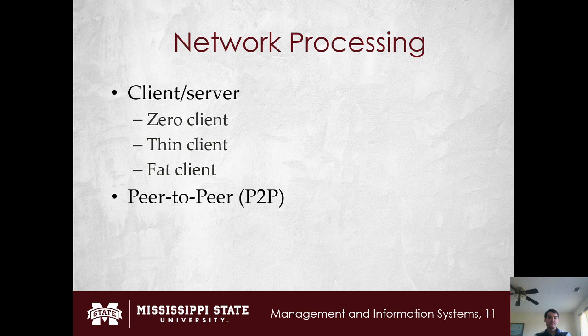So there's two major ways to do network processing. There's going to be the client-server approach, and there's going to be the peer-to-peer approach. Now, the difference between these two is that there's not going to be the same amount of power involved between the devices. And when I say power, I'm talking about authority. So the client is going to have less authority than the server.